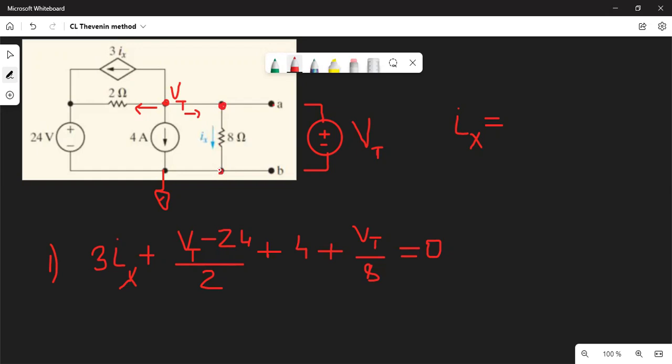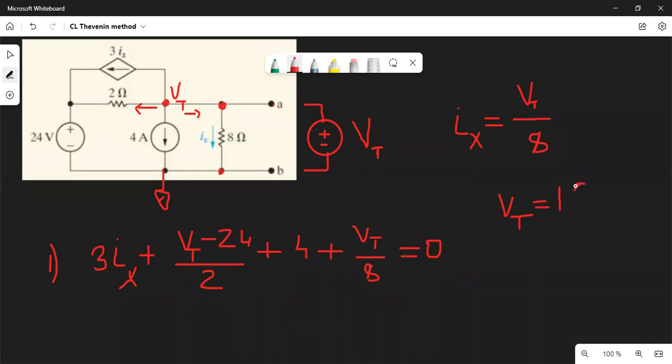According to Ohm's law, Ix is equal to V Thevenin, the voltage between two points, over 8. So put Vt over 8 instead of Ix here and get a value of Vt, which is equal to 16.